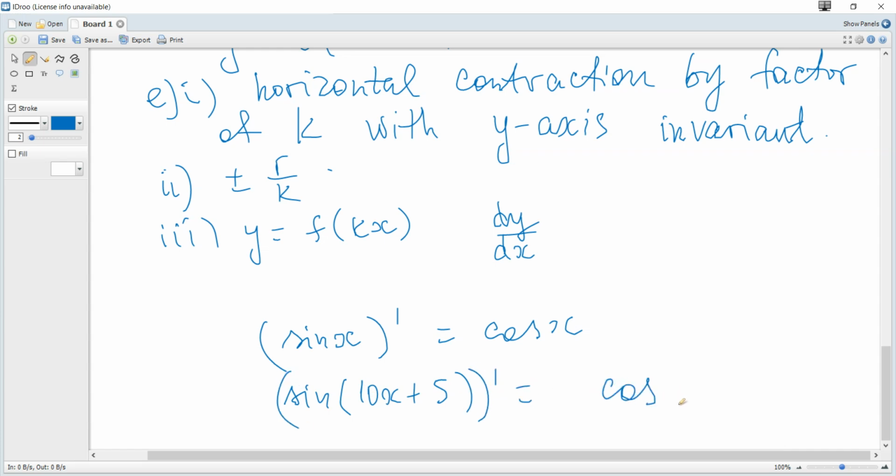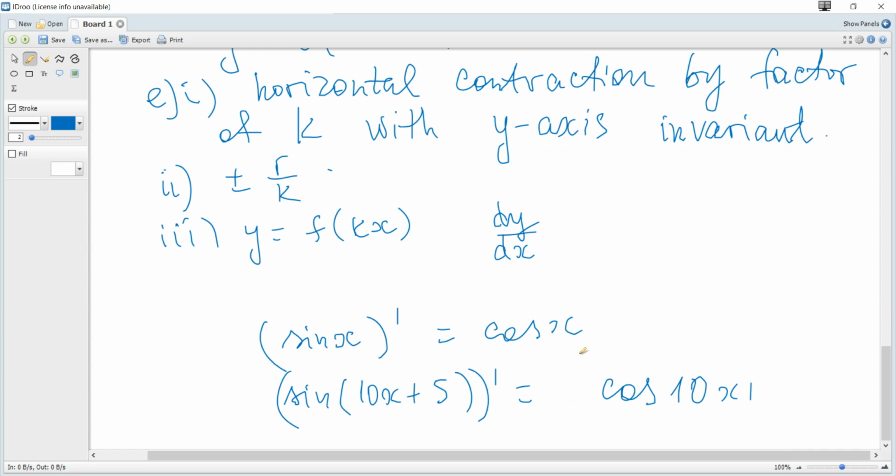It will be cosine with the same argument, but a arises in front, so it's just 10 cosine. It's just the chain rule with a more complicated argument.